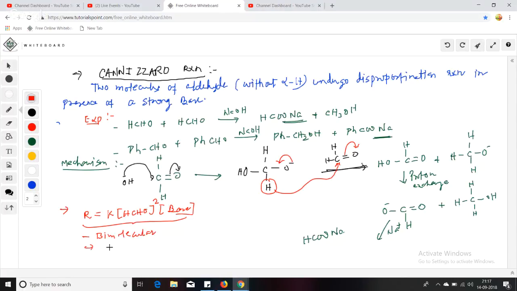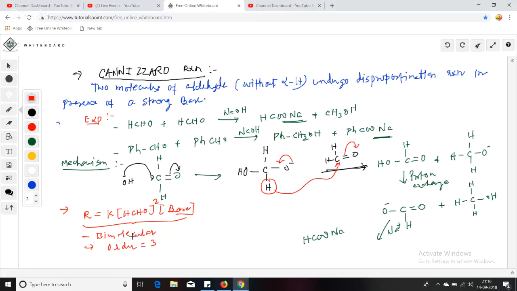The order of the reaction is 3, bimolecular.